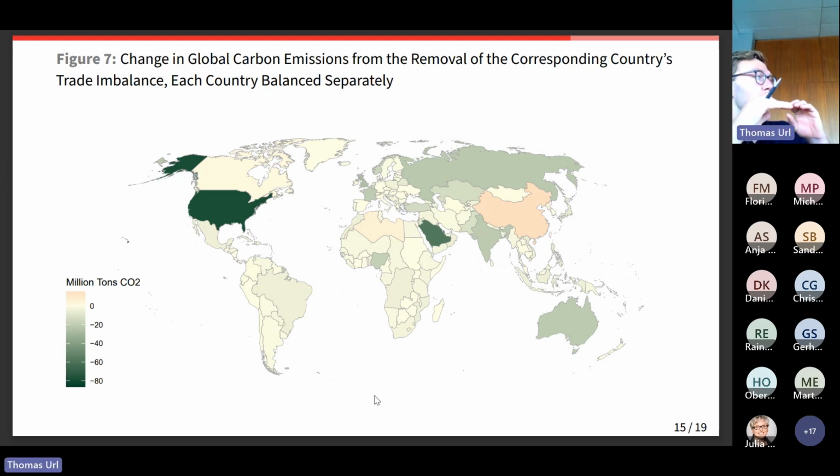So we reduce the surpluses of all countries relative to their share of overall surpluses. So we reduce all surpluses a little bit, and therefore in total it sums up to zero again. So global trade sums up to zero again.